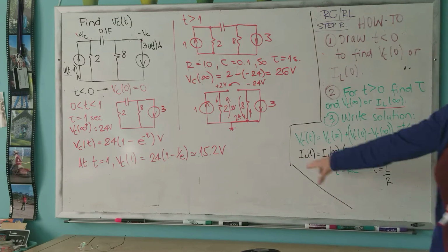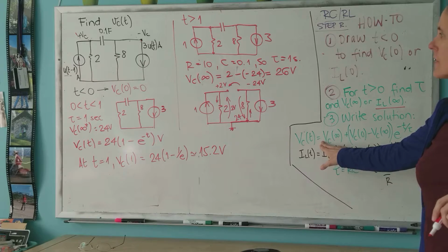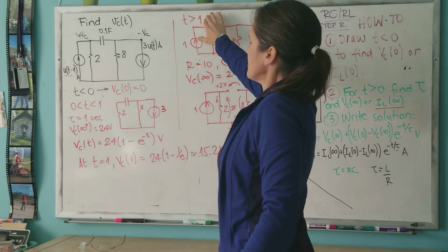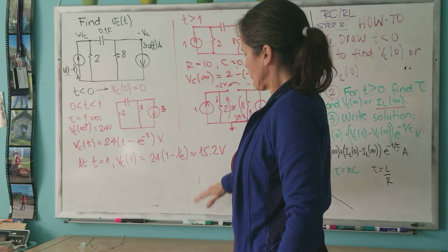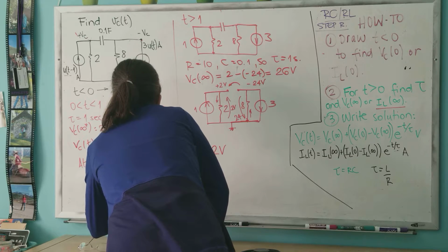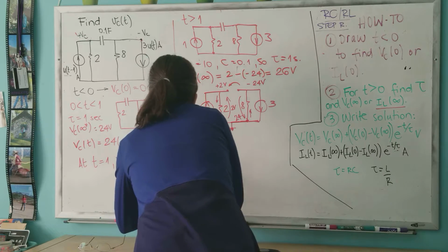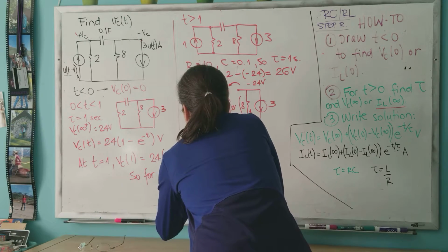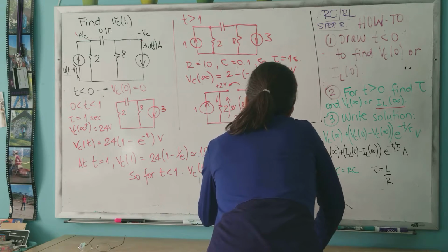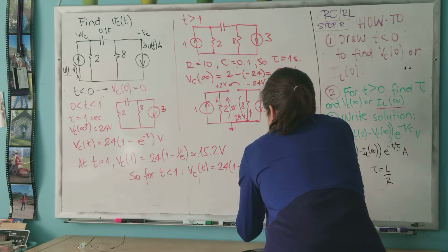This is what I will use again in the solution, assuming that the initial voltage across the capacitor is 15.2. So, for t less than 1, Vc of t is 24 times 1 minus e to the minus t volts.